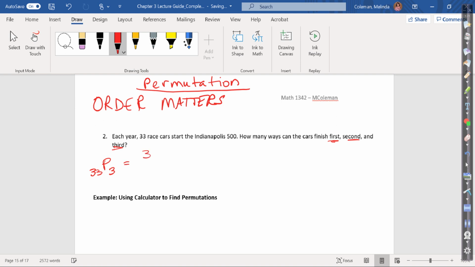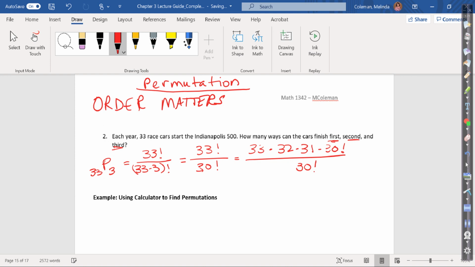That would be 33 factorial over 33 minus 3 factorial, which is 33 factorial over 30 factorial. Now I'm going to do a real quick shortcut. That would be 33 times 32 times 31 times 30 factorial divided by 30 factorial. Well, we know 30 factorial is 30 times 29, 28, 27, all the way down to 1.